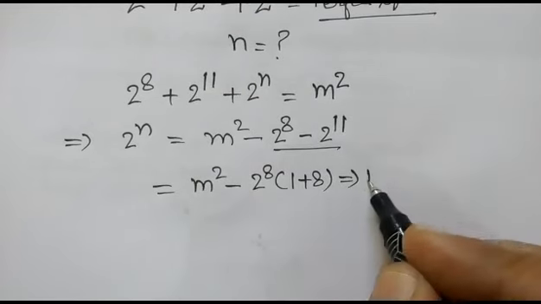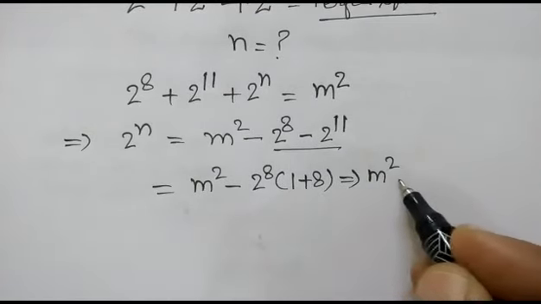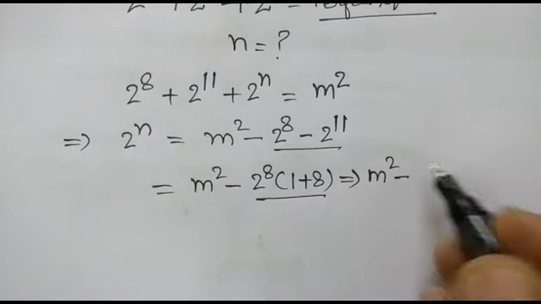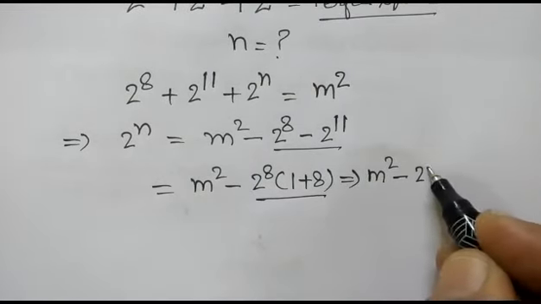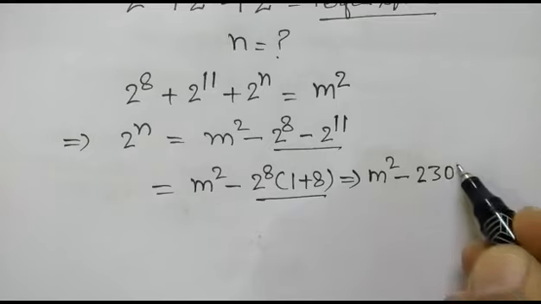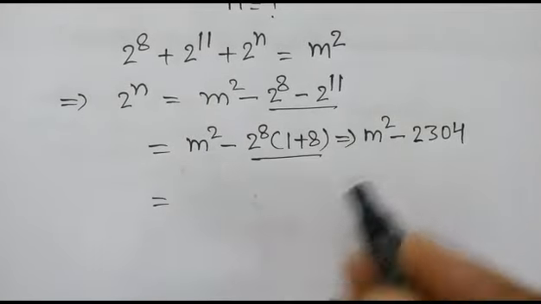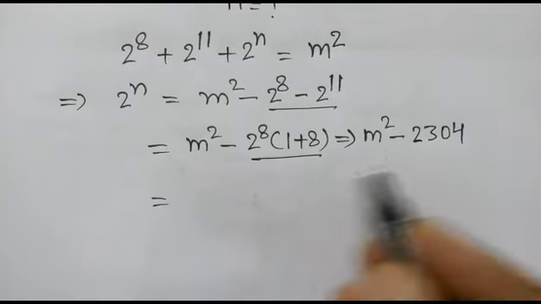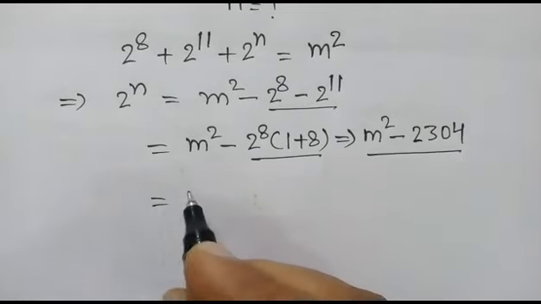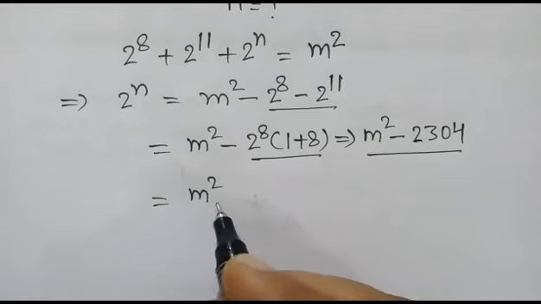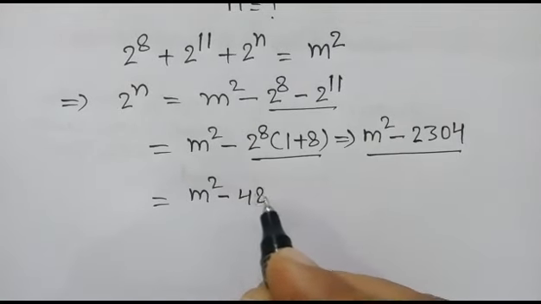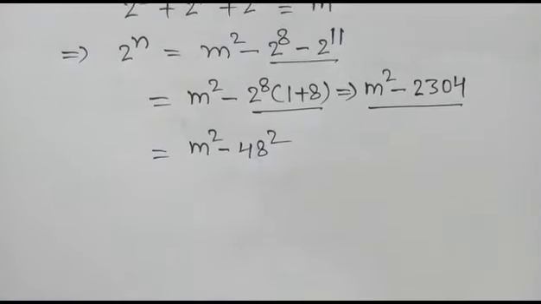So it is equal to m square minus this value, which is 2304. Now we can write this as m square minus 48 square, right?